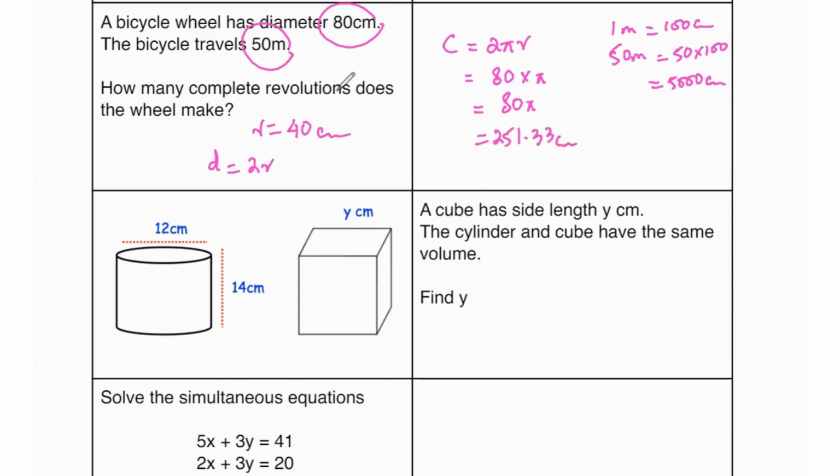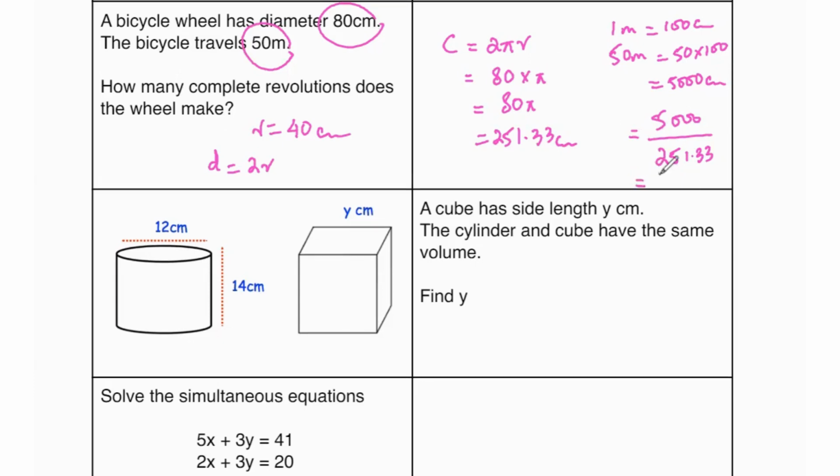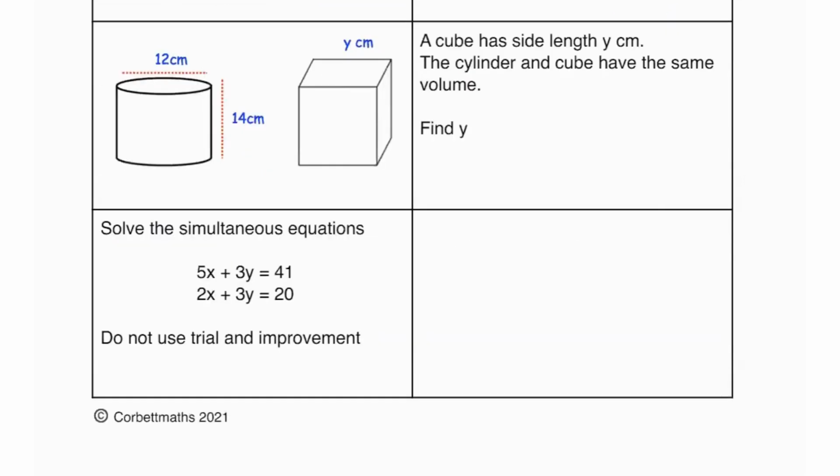To find the revolutions, we will divide 5,000 by that. That's going to equal 19.89. So complete revolutions are going to be 19. That's your answer.